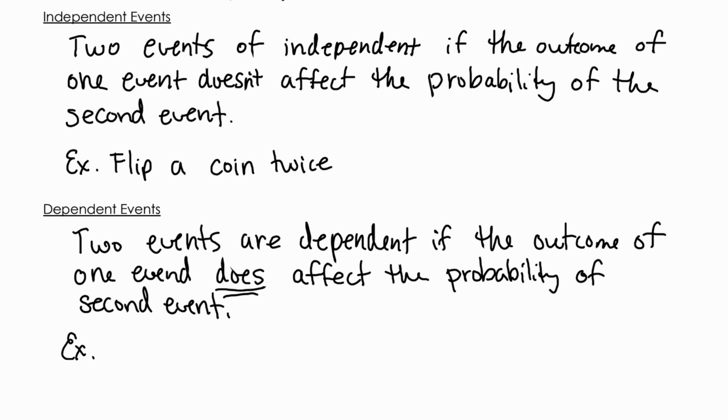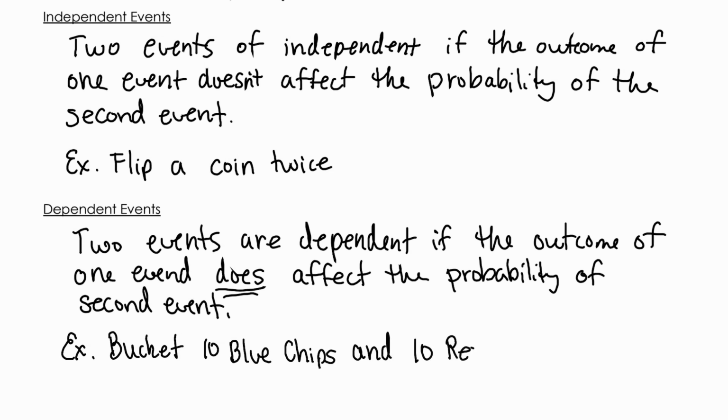An example of dependent events is if I have a bucket of, say, 10 blue chips and 10 red chips.